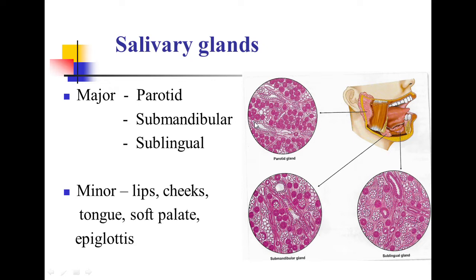So, for practical, you have only three slides, that is the serous salivary gland, example is parotid gland, then mixed salivary gland, example is submandibular gland, and mucous salivary gland, example is sublingual gland.